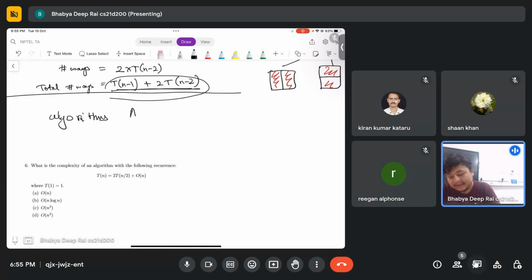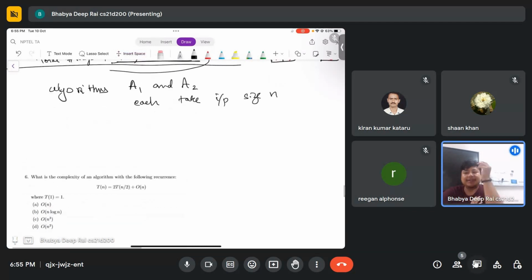I have algorithms A1 and A2, and each takes input size n. The question is, how much time does my algorithm take?